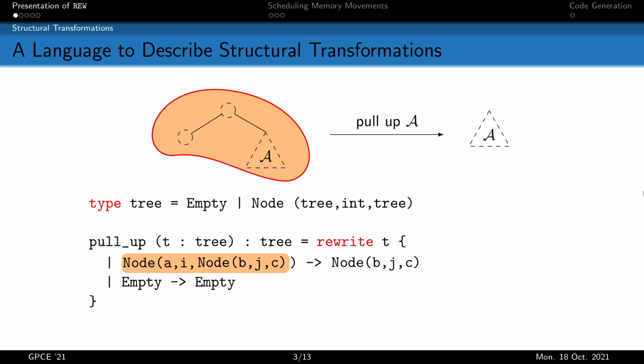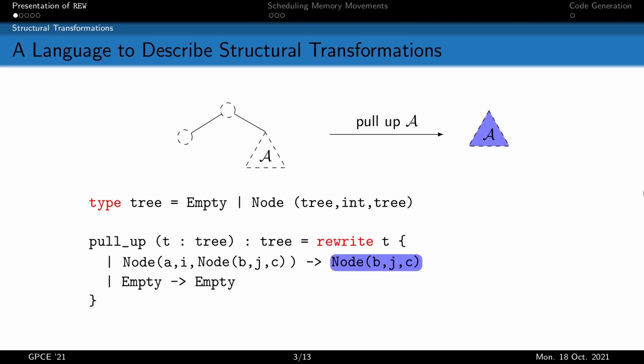So here is our domain-specific language to describe in-place structural modifications. That is, a collection of rewrite rules containing data structures. Here we are matching the whole tree, and we are putting the focus on its right subtree, which will overwrite everything.